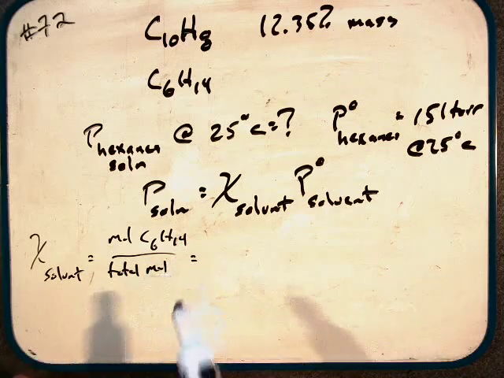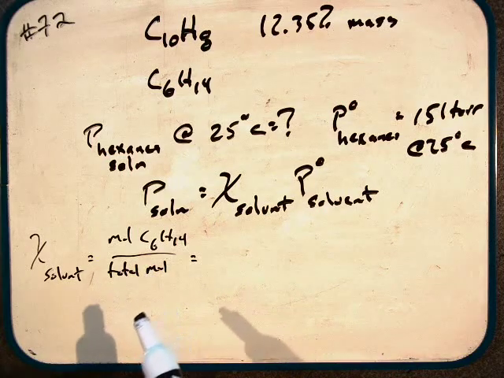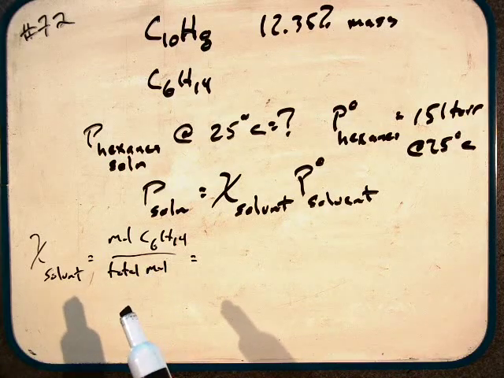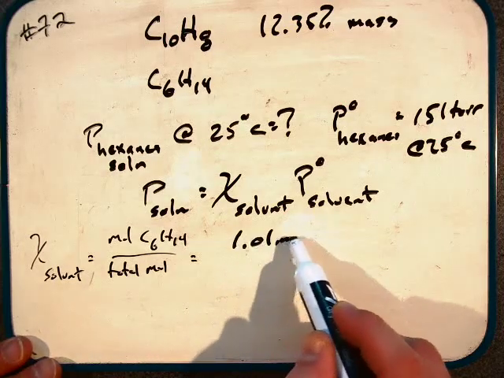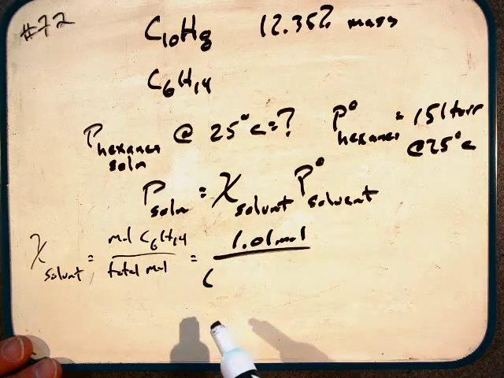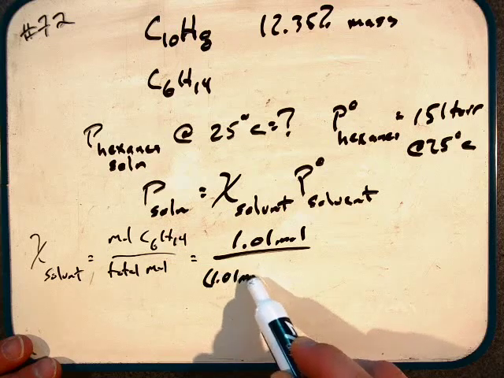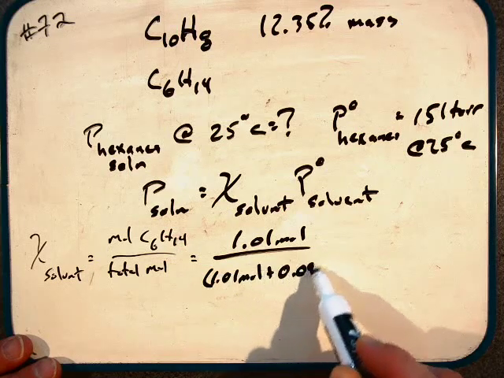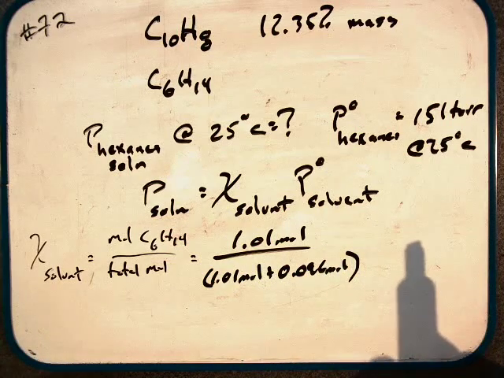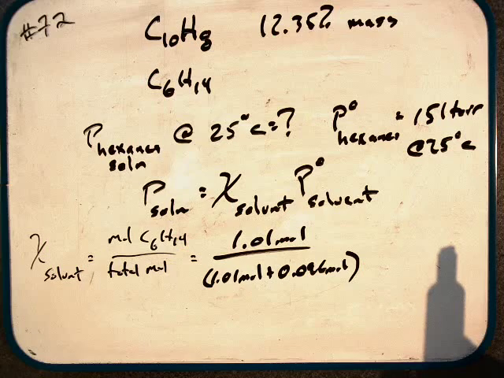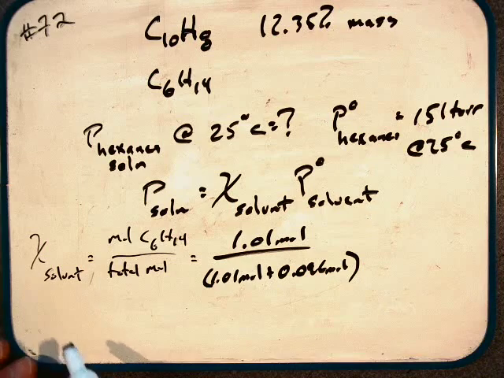So we would have the moles of the hexanes, which would be 1.01 moles, over the total, 1.01 plus the 0.096 moles. And so that would be our mole fraction, which we could then use to solve for the pressure of the solution.